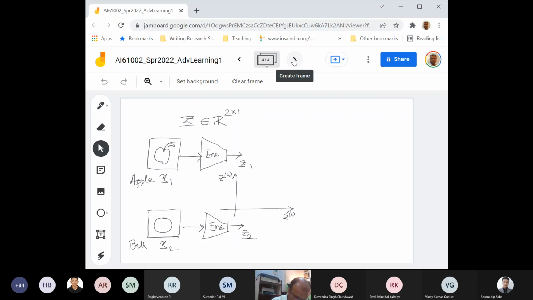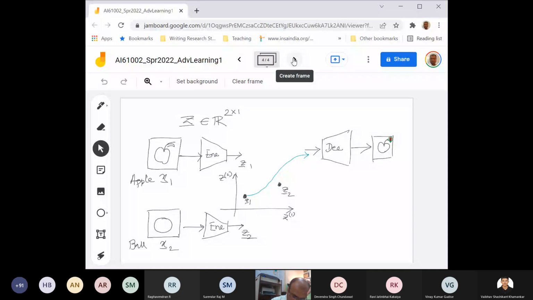In that case, what you would end up getting is that Z1 may be a point somewhere over here and Z2 may be a point somewhere over here. Now, if I take this value of Z1 and feed it into my decoder, I am supposed to get technically an image of an apple, but it's a predicted image.